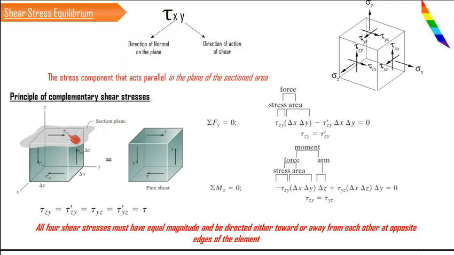In order to find out the forces, we have to multiply the stress with the area. So this tau zy is acting on an area on the top surface whose area is nothing but delta y into delta x, right? So that is given over here. The first term is nothing but the stress value. The second term is nothing but the area. It is clearly mentioned here, area.